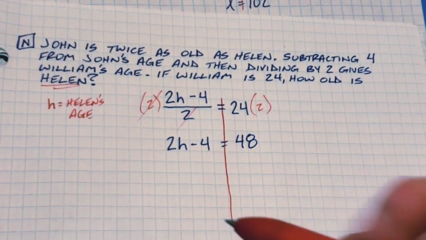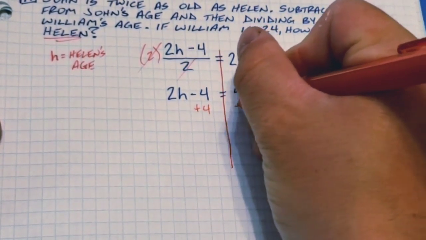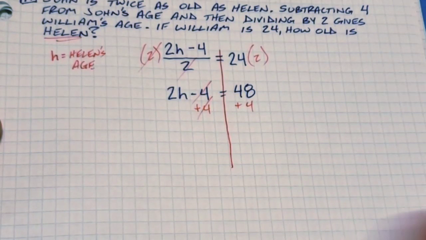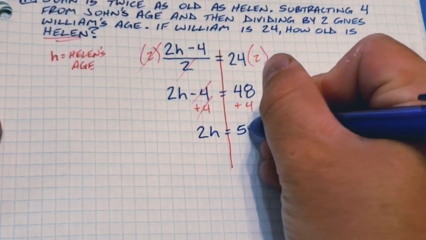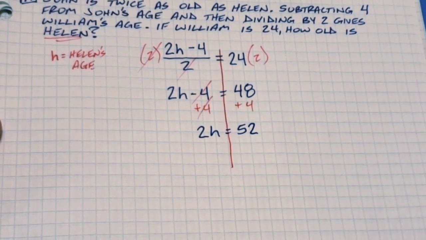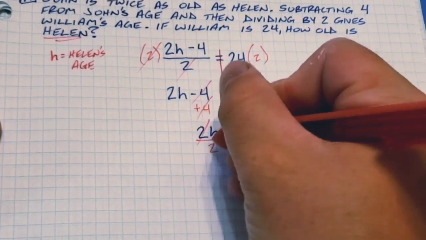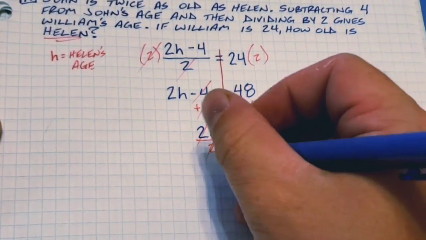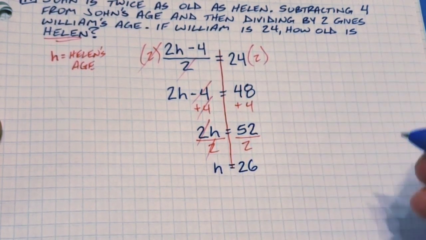Then all it is is a two-step equation. We're almost home free. We're going to add 4 to both sides. Leaves me with 2H equals 52. Then we're going to divide both sides by 2. So that gives me H equals 26.